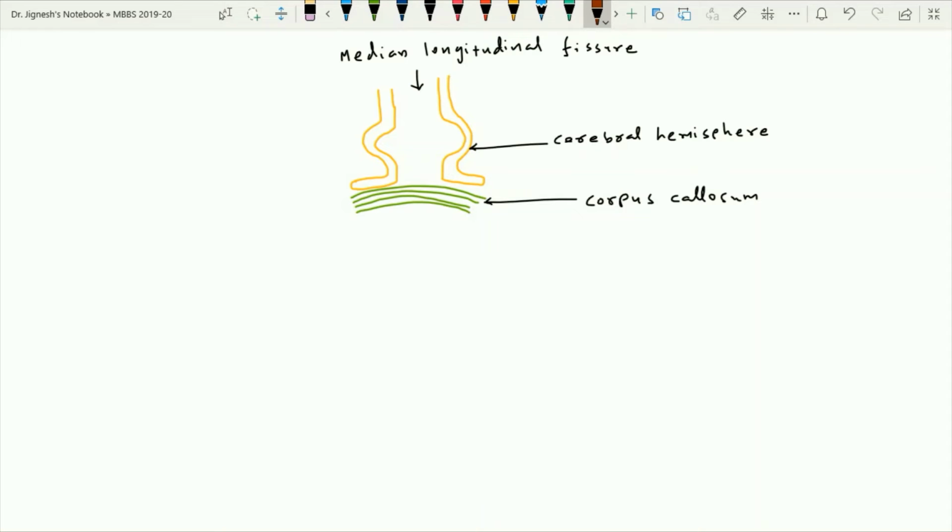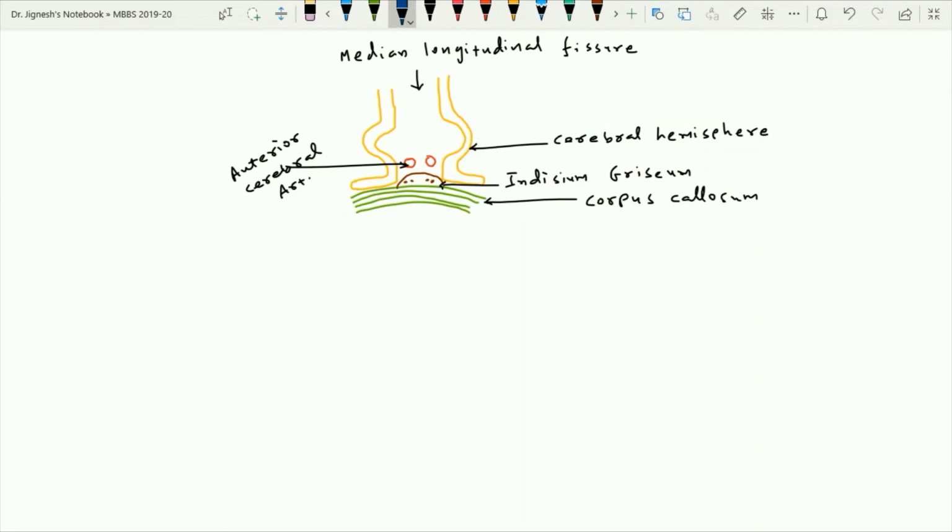On the superior surface, we find the indusium griseum along with the bilateral medial and lateral longitudinal striae. Just above the indusium griseum, we find the anterior cerebral arteries of both sides.